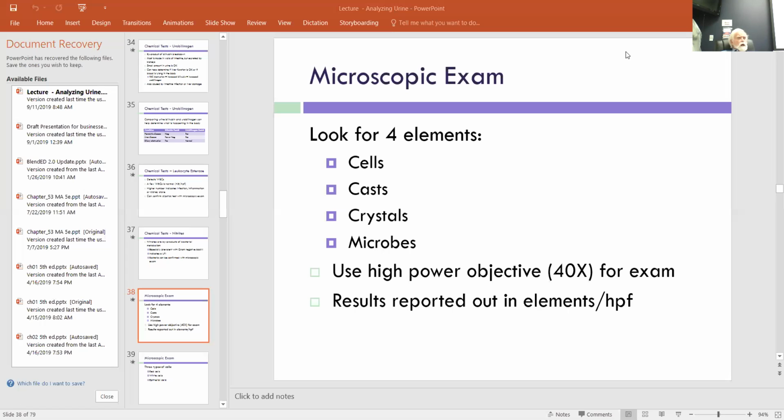So we do that. Crystals come in various shapes, some of them very, very regular, and when they're regular, they are so obvious that they're just really easy to see. Crystals don't necessarily mean anything, because even healthy people will have crystals.